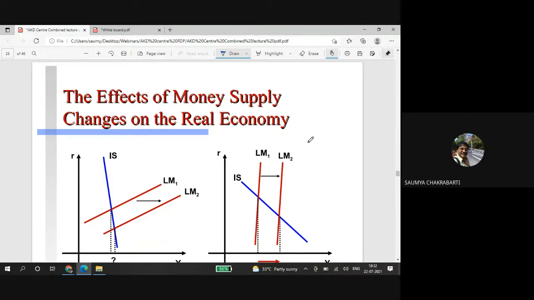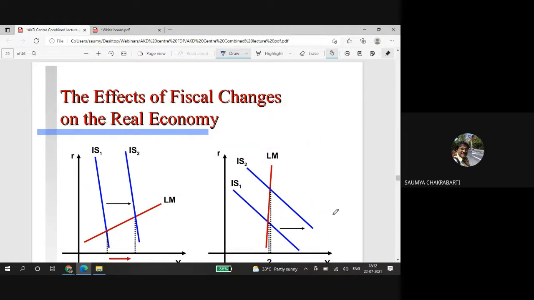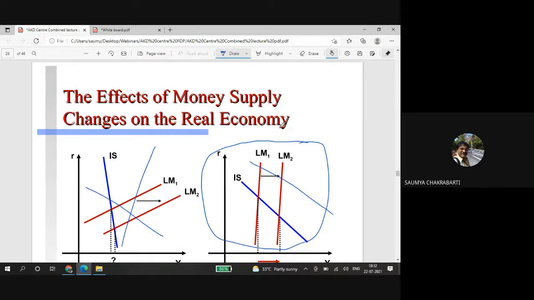So basically, we are having a situation like this, and not a situation like this. This is the 1960s situation where fiscal policy is ineffective. If you go to the next slide, fiscal policy is ineffective, and it is monetary policy which is effective. That's why the monetarists target monetary policy.